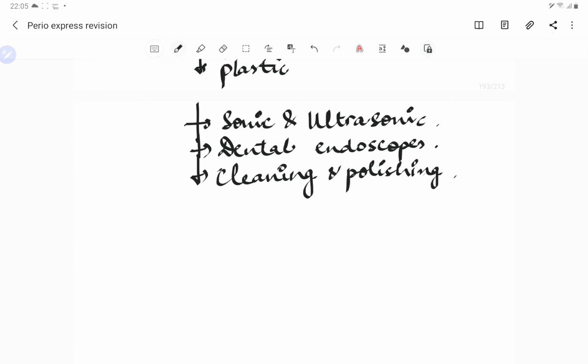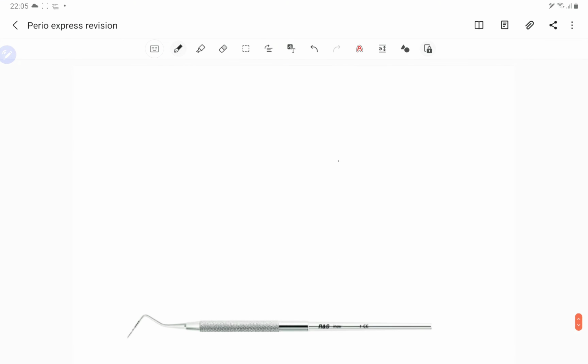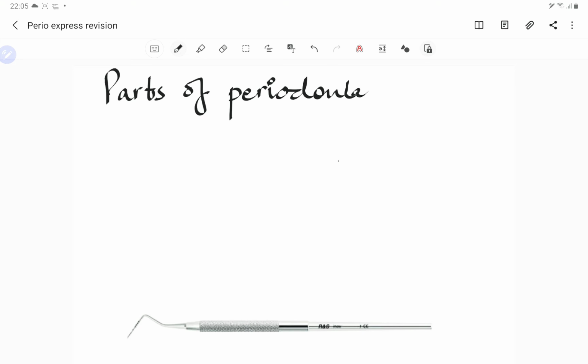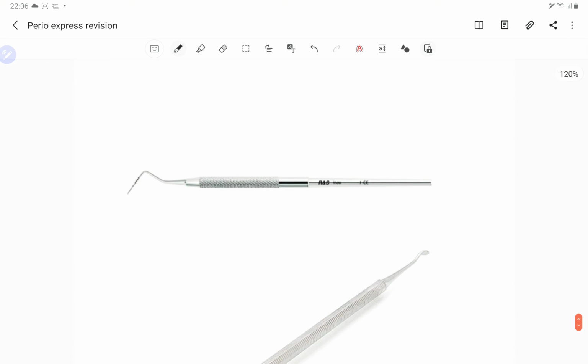So guys, if we see the parts of periodontal instruments, we have two kinds of instruments in the picture here. The first one you can see is a probe, it is not an explorer. Now what is the difference here?